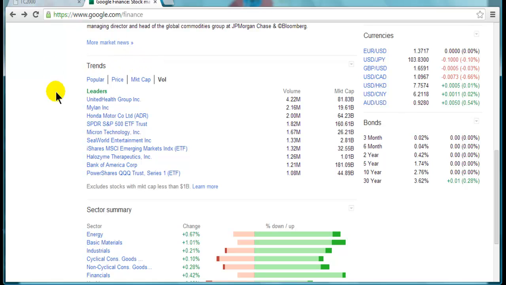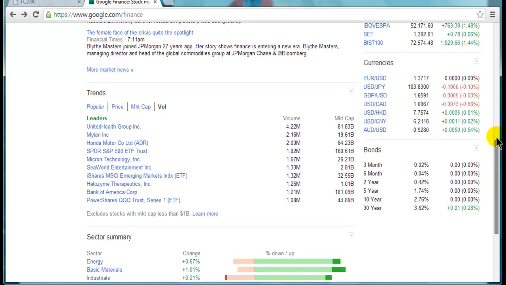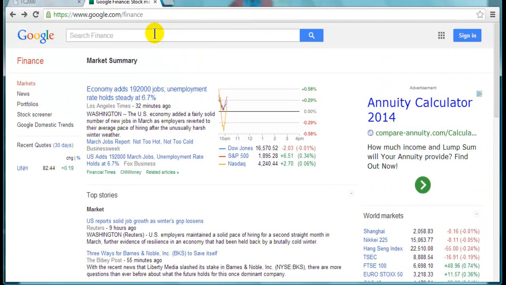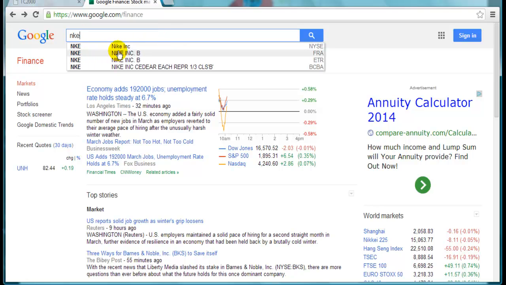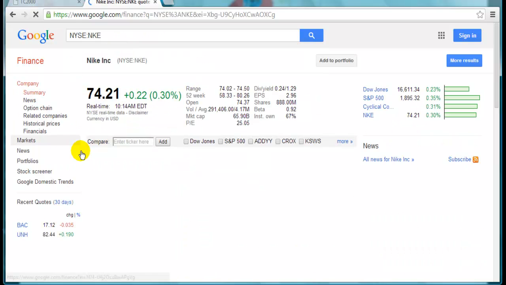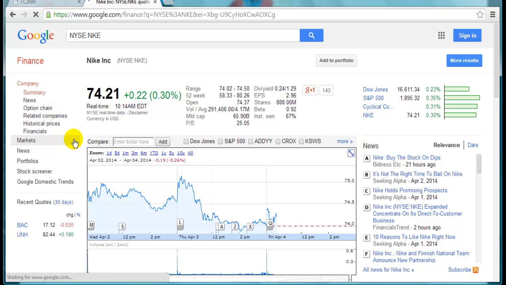Okay, so you come here to Google Finance. The stock that we are looking at is the ticker NKE, Nike. You can check the financials, check the balance sheet, and also you can check the news.